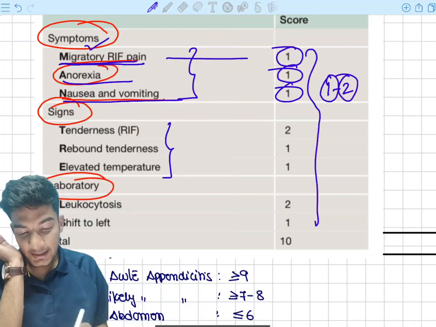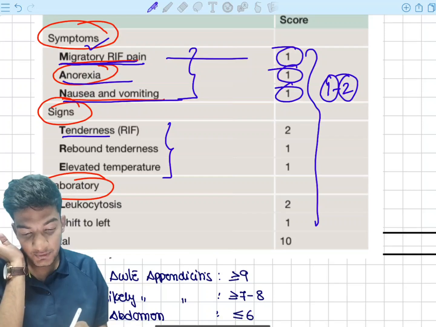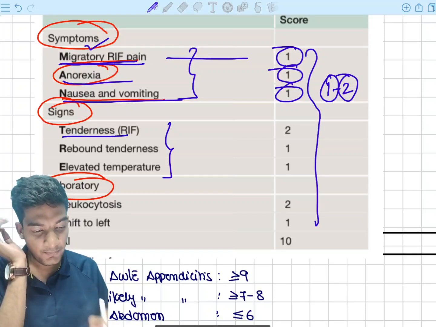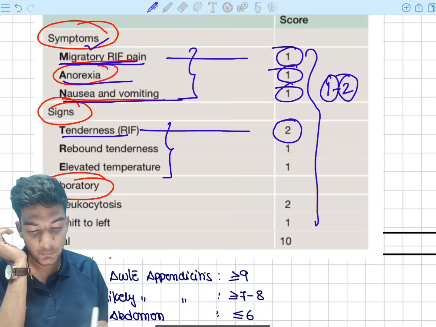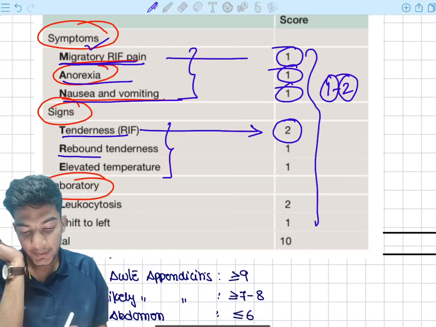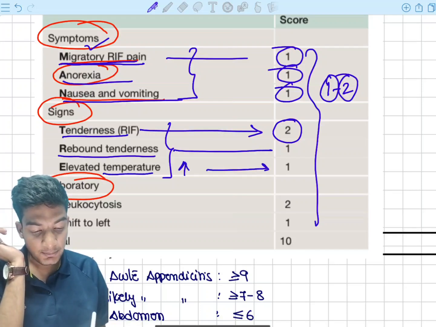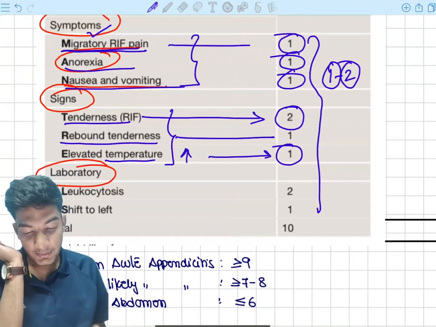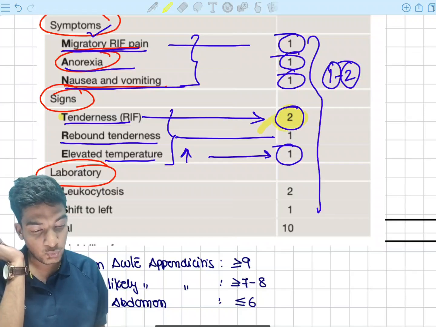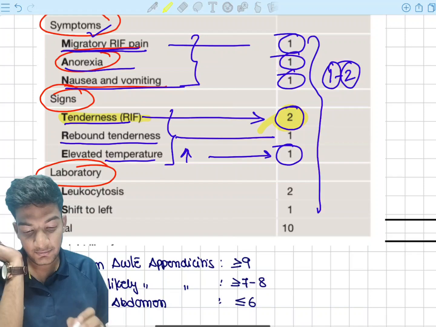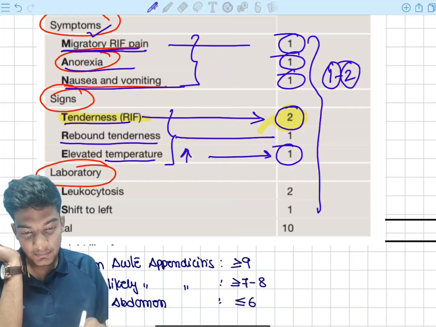Fine. These three are the part of symptoms. The next three are the part of signs, which will include tenderness in right iliac fossa, which would score 2. The very important point to be remembered. Rebound tenderness would score 1. Elevated temperature would score 1. The next part is laboratory part.